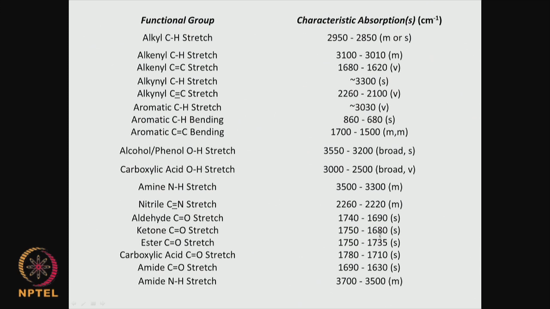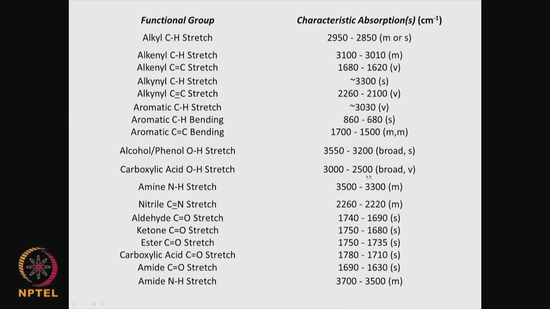It is a bit difficult to determine whether the C double bond O signal is because of a ketone, ester or aldehyde, but if you have a band at 1720, 1730 and so on, we can be sure that there is a C double bond O. Similarly, if you have around 3500 plus, we can be sure there is an alcohol or phenolic OH.